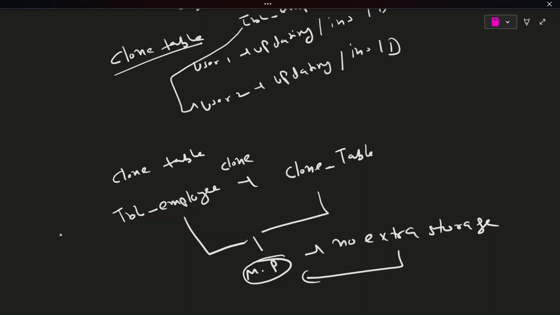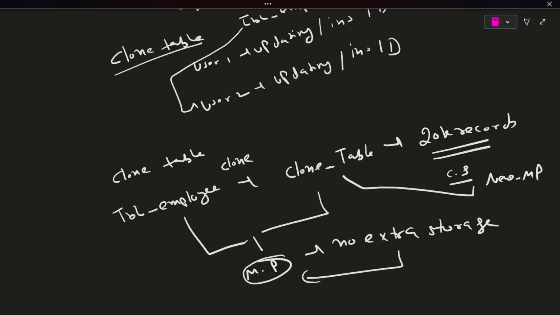Now let's say this clone table inserted 20K records. Got it? Now what will happen? In that case, the cloud service will create one new micro partition, a new MP mapped to only this clone table.